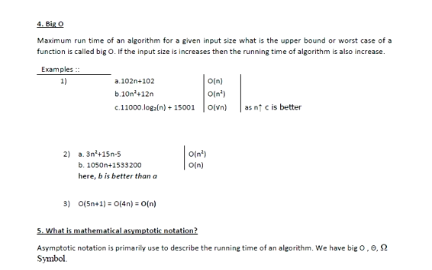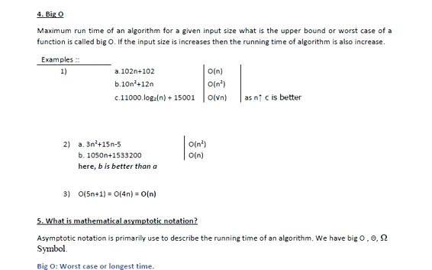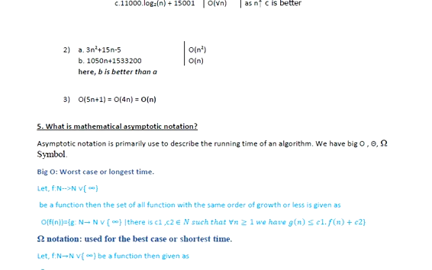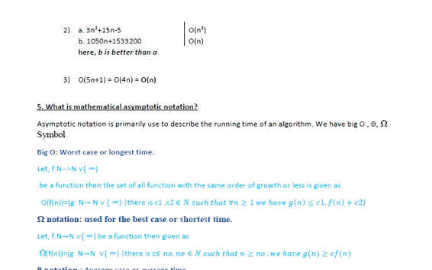Now mathematically we use asymptotic notation to describe the runtime complexity of an algorithm. For that we use three symbols: big O, theta and omega. This is the formal definition of big O, the worst case. We have a function f that maps n to infinity.